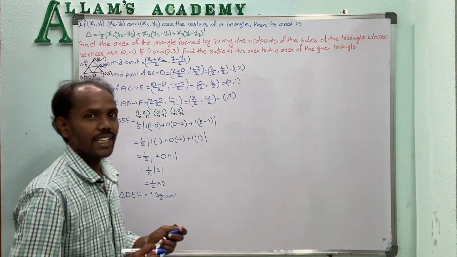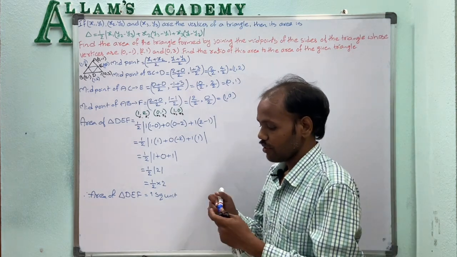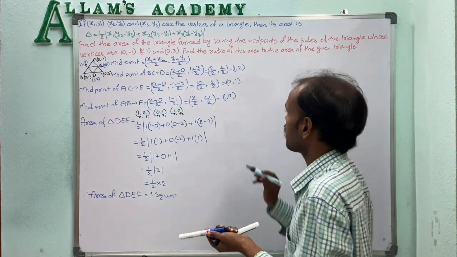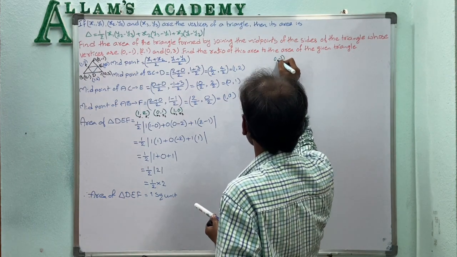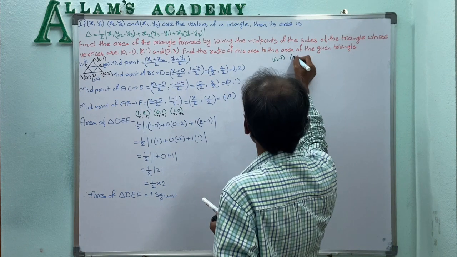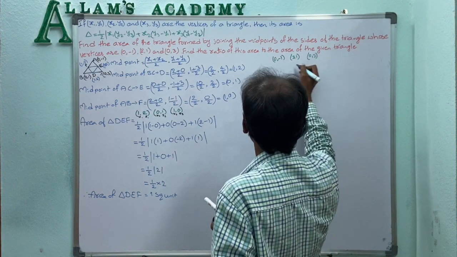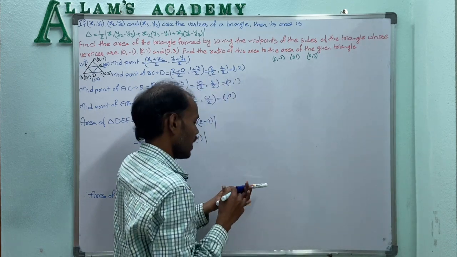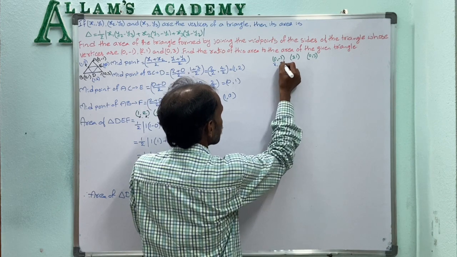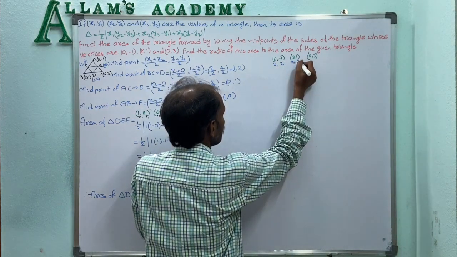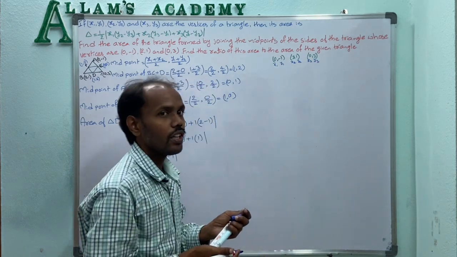Now finding the area of triangle ABC. The vertices are A (0, -1), B (2, 1) and C (0, 3), that is x1 y1 as (0, -1), x2 y2 as (2, 1) and x3 y3 as (0, 3).